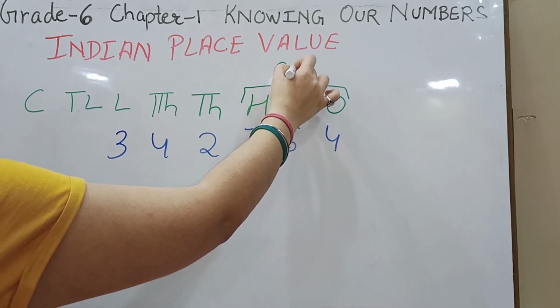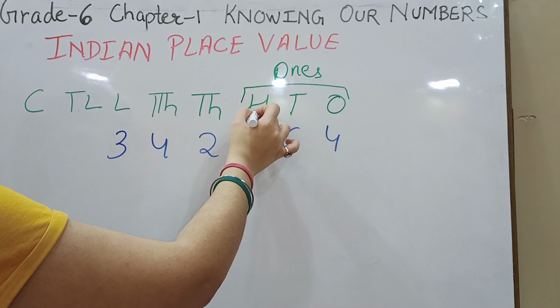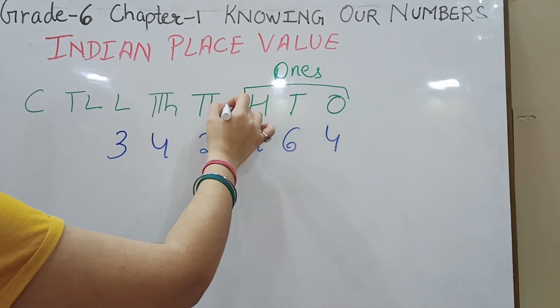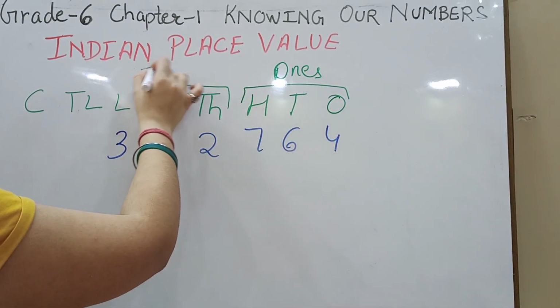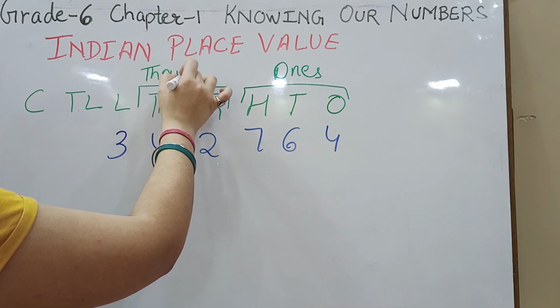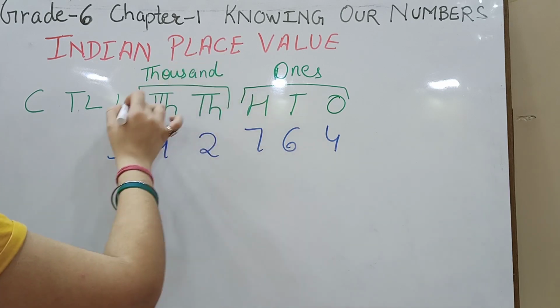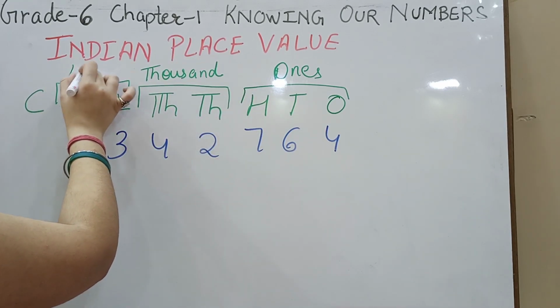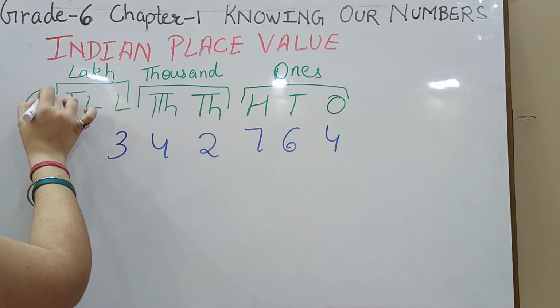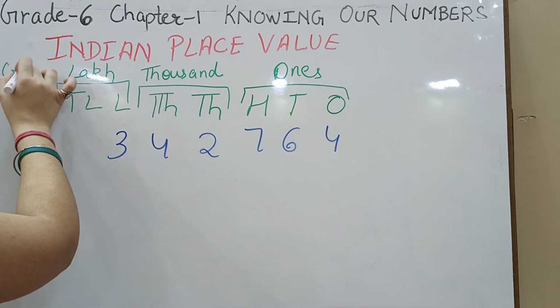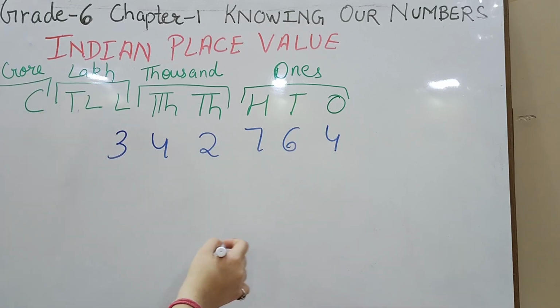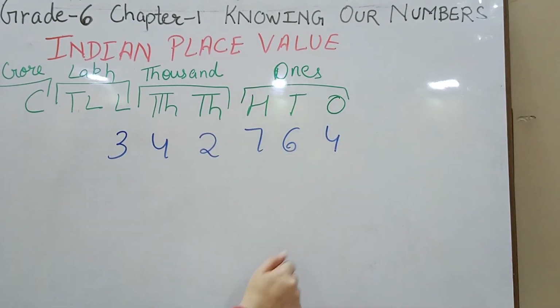If I say ones, tens, 100 belongs to the period of ones, 1000 and 10,000 belongs to the period of thousands, lakhs, 10 lakhs belongs to the period of lakhs, and crore and 10 crore is going to belong to the period of crores. Now these are the heads of these place values and they are the family members.